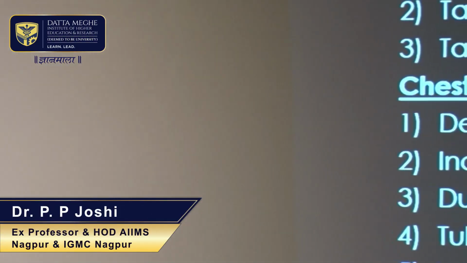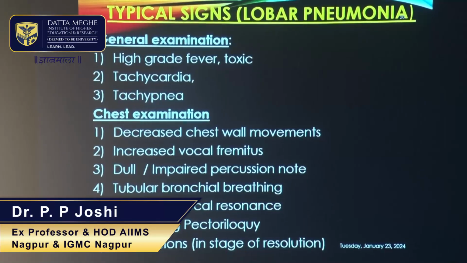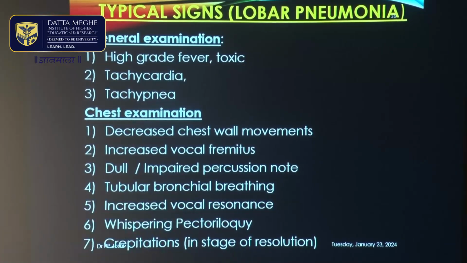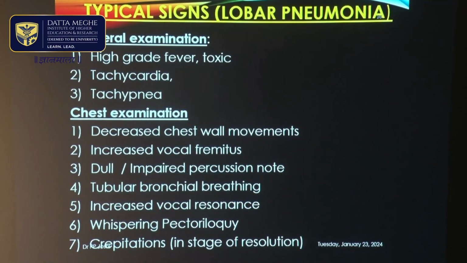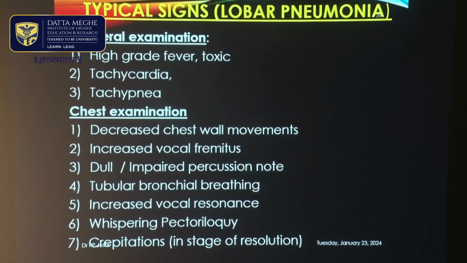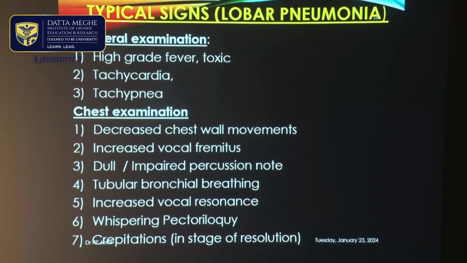Now, typical signs in a patient with lobar pneumonia are that on general examination, patients usually have high-grade fever. They look ill, they look toxic, they have tachycardia, tachypnea, and sometimes there is secondary infection of herpes labialis on the lips. You can have herpes simplex infection. In severe cases, they are usually tachypneic without being dyspneic.